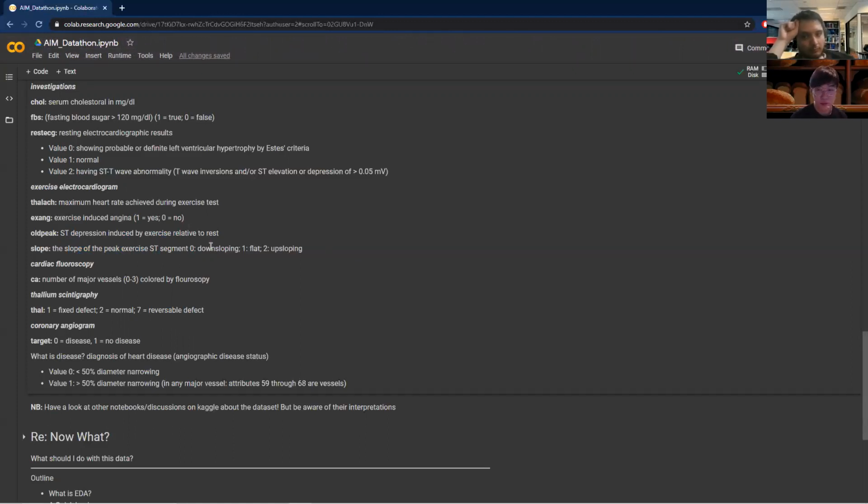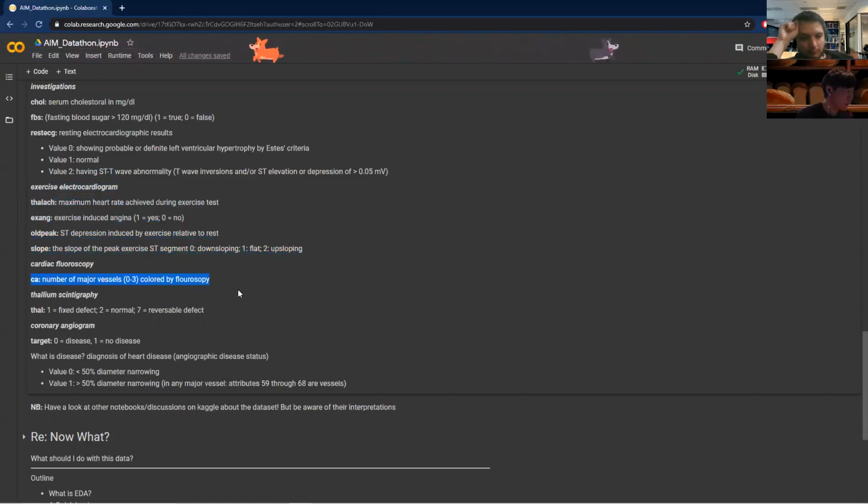We don't really talk about the slope of the ST segment too much, so I don't really know what that means. But this is just something that they recorded as well. And these are all the variables that they've made available for exercise ECG.